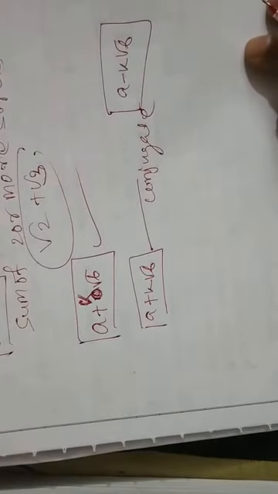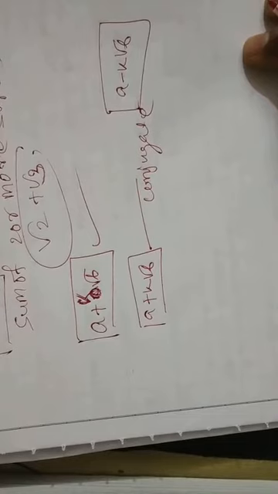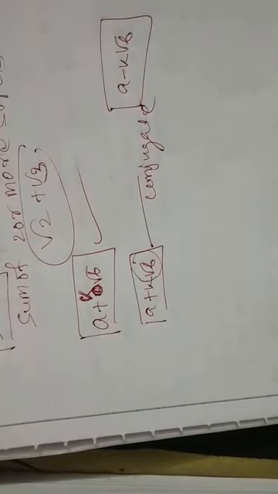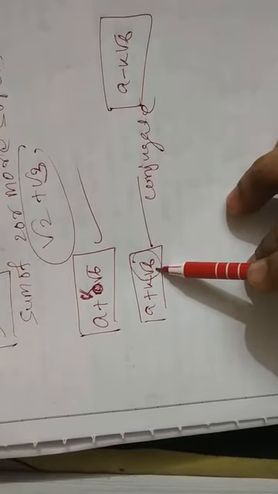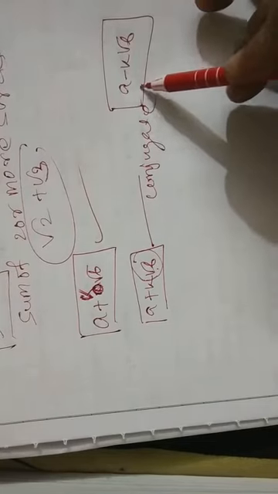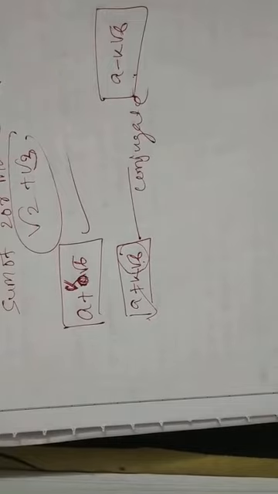The conjugate of a mixed surd is obtained by just changing the sign of the pure surd. Root b, if I change its sign, the new surd obtained is known as the conjugate of the original surd.